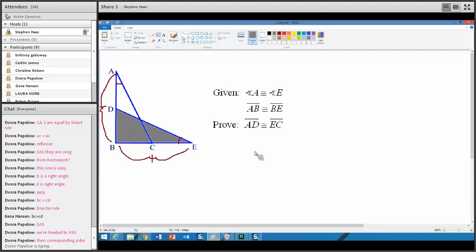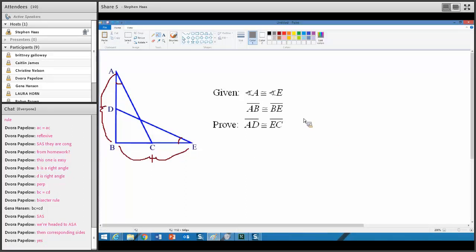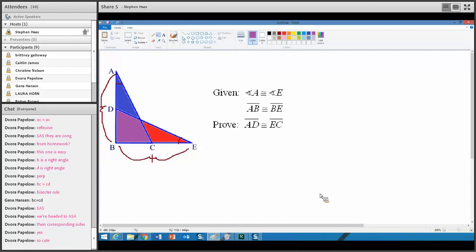But if we talk about these two triangles, in order to keep them, let's outline this. Let's put this in red. Whoops. And this in blue. And put this in purple here in the middle. I'm putting it in purple because it's a combination of red and blue. So if we're thinking about these two triangles, we really have an angle of each one.